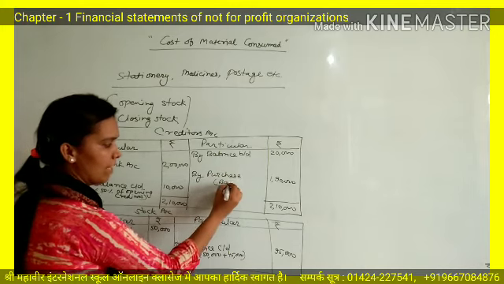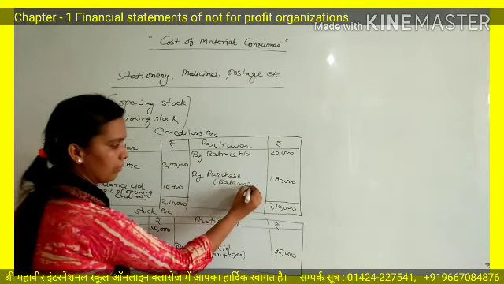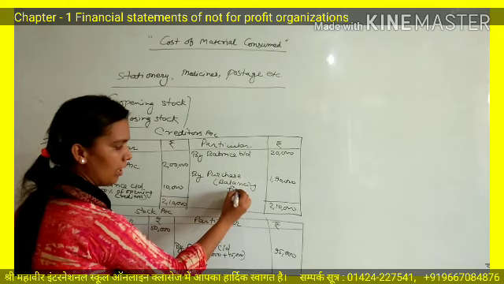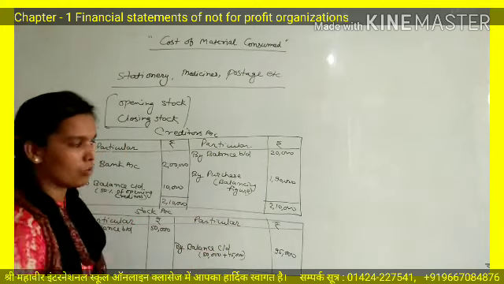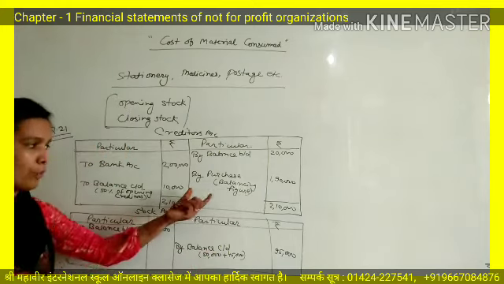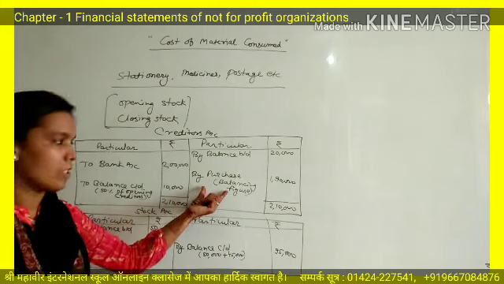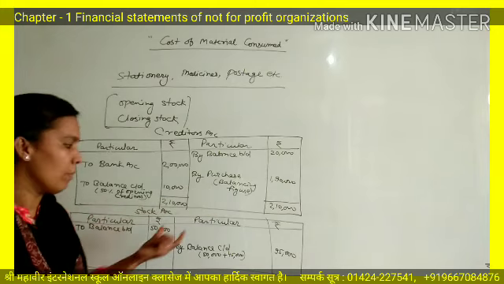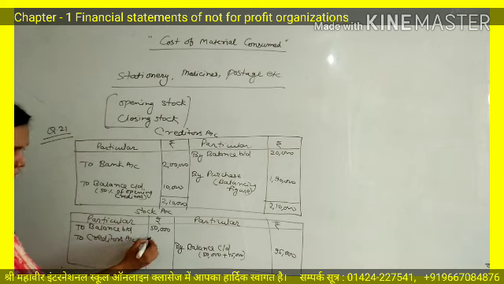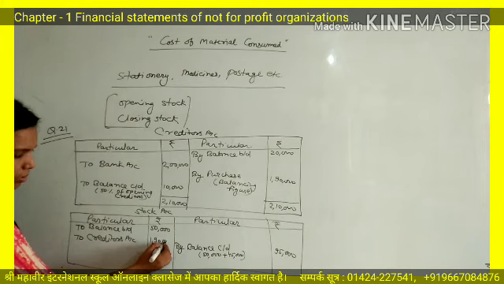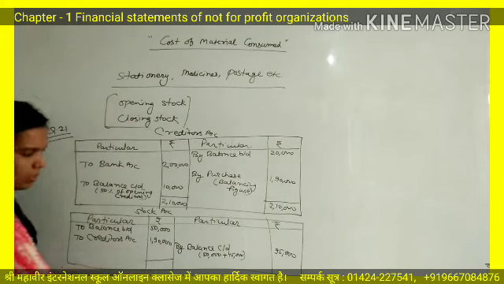It is balancing figure. Means during the year you purchased medicine of rupees 1,90,000, and you know that if you purchased the medicine, it means that is your stock. So the same entry will be posted to stock account also, to creditors account. That is 1,90,000.